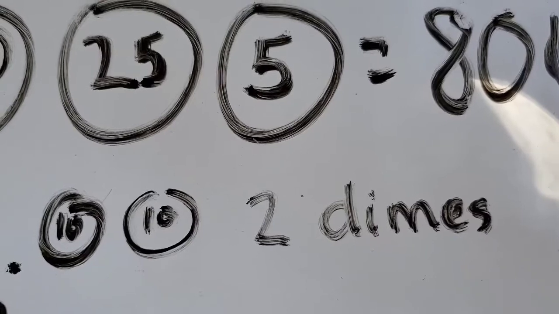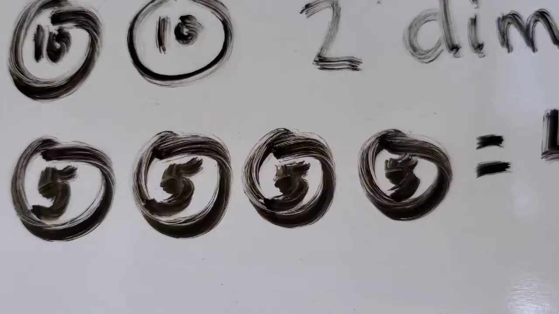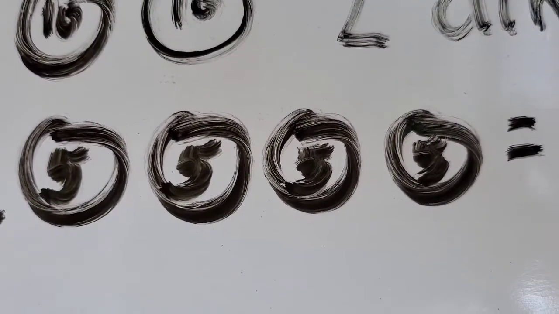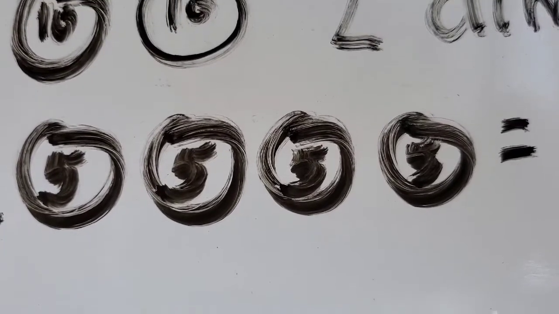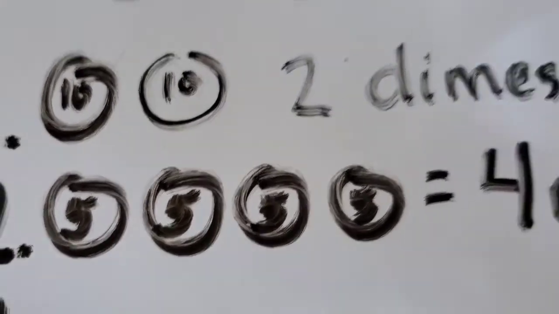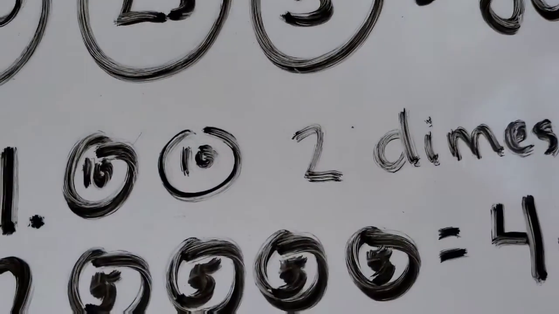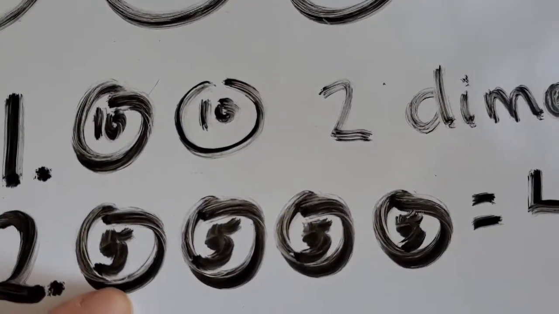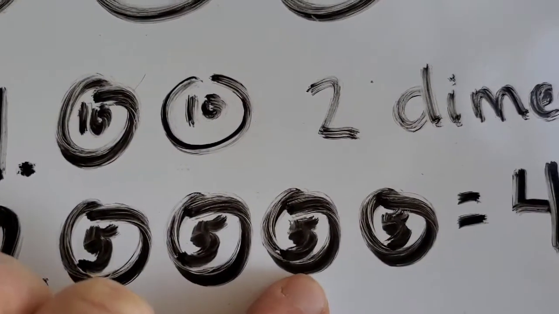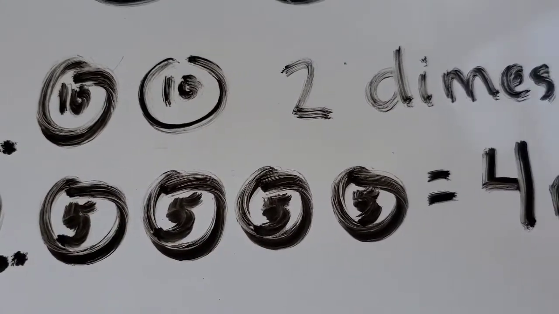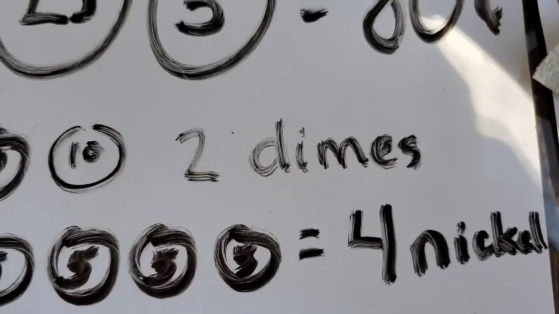How many nickels was that? You were right if you said 4 nickels. So we start at 80 and then we count 85, 90, 95, $1. So we need 4 nickels.